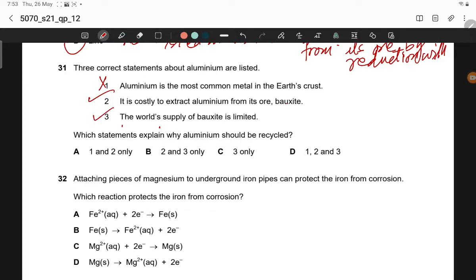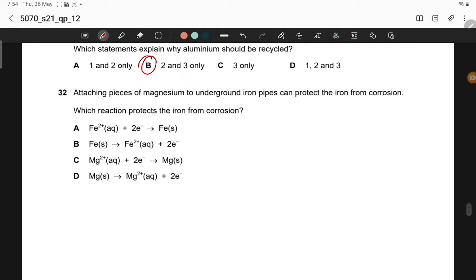This is also correct. Which statement explains why aluminum should be recycled? So 2 and 3, that's why it should be recycled. B is correct.